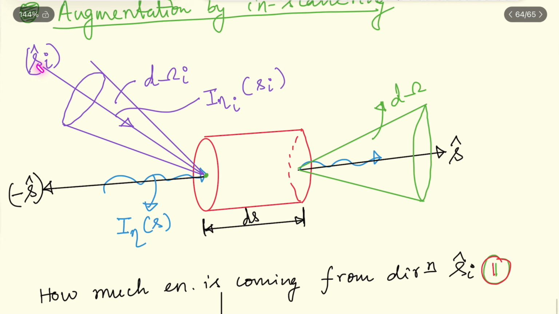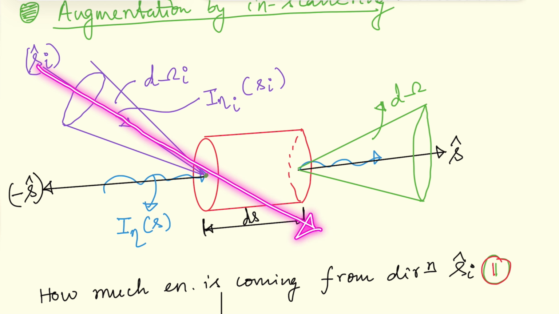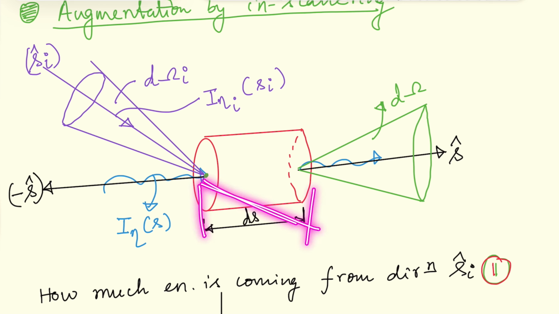Because this ray is travelling like this, so it is not covering this distance, it is covering this distance.